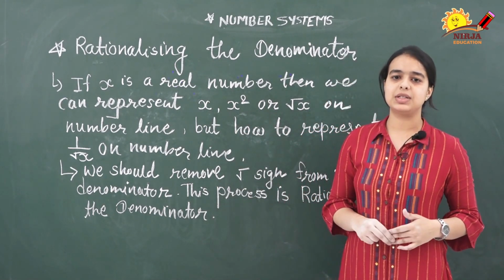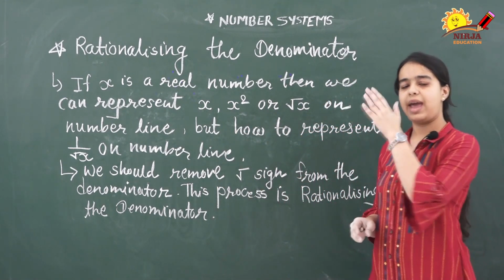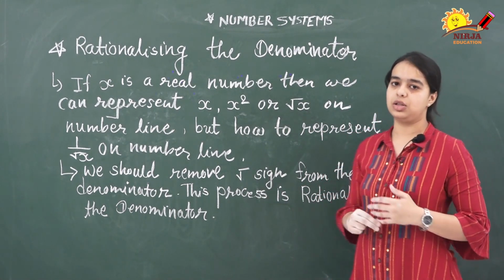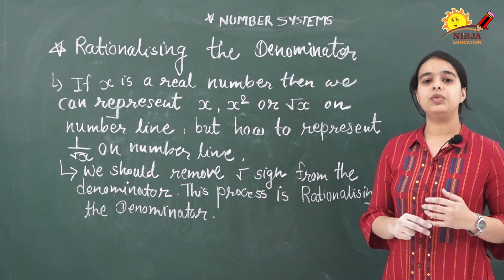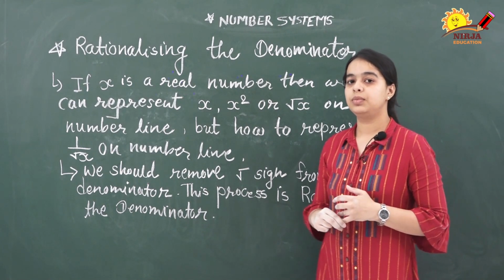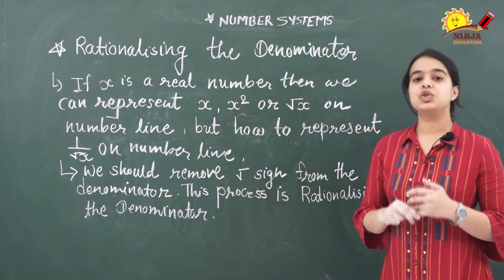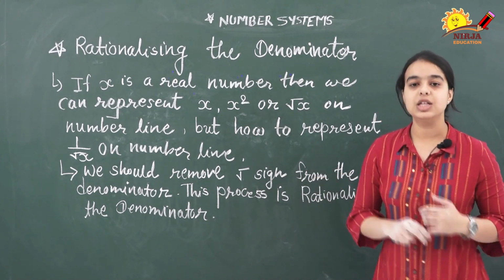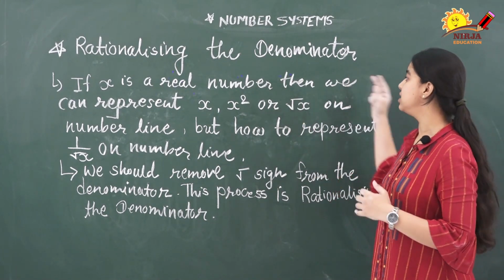If I want to represent x, √x, x² on the number line, we are able to represent all these numbers on the number line. But what if I want to represent 1 upon √x on the number line? For that we should remove the radical sign from the denominator, and this process is called rationalizing the denominator.